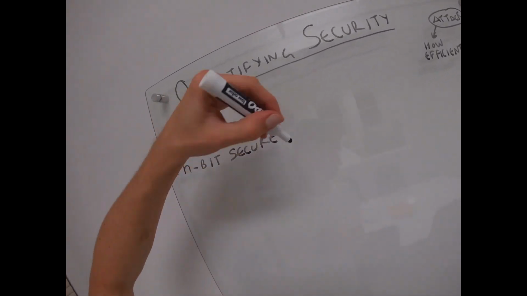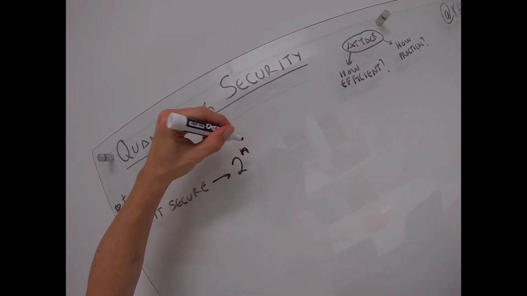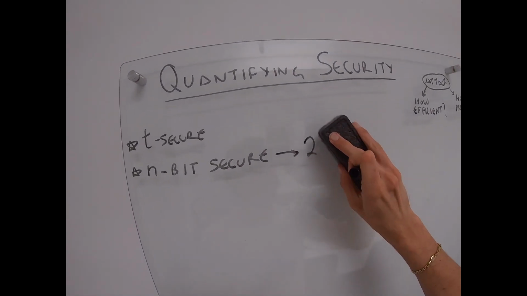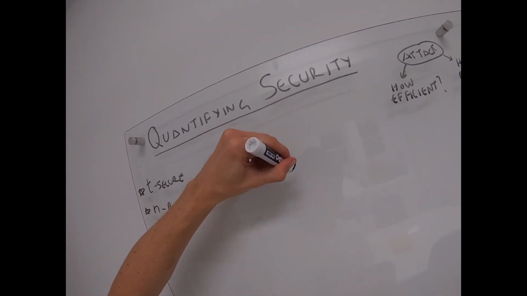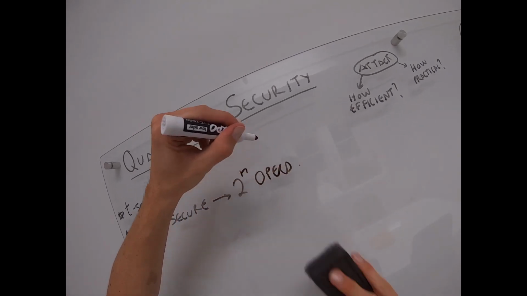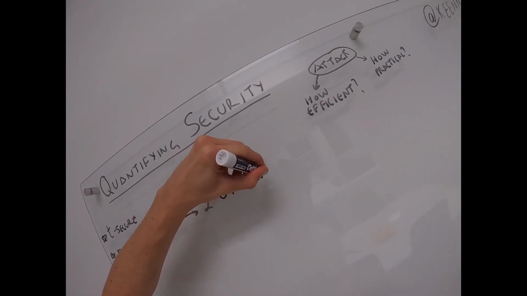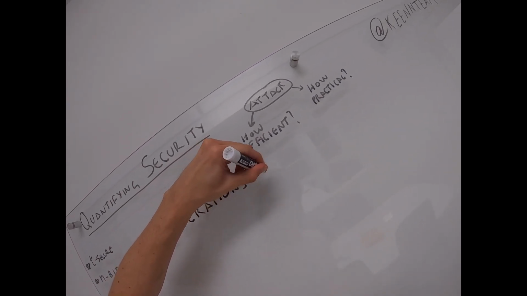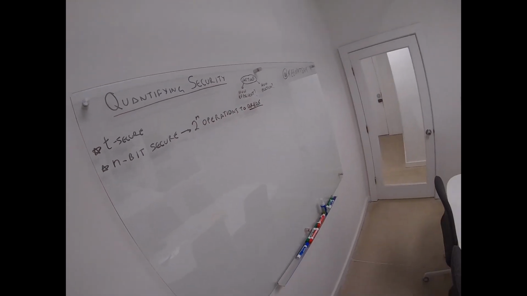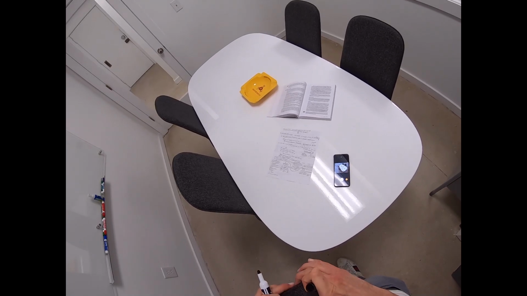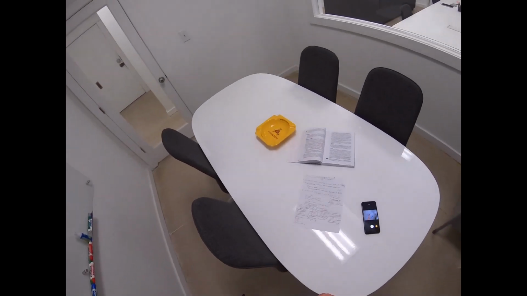That it's going to take 2 to the n operations to break, or for the attack to succeed. It means that you need to do 2 to the n operations for your attack to succeed.